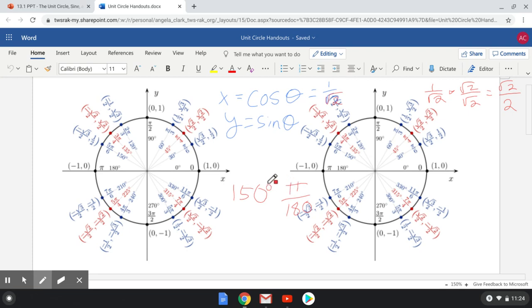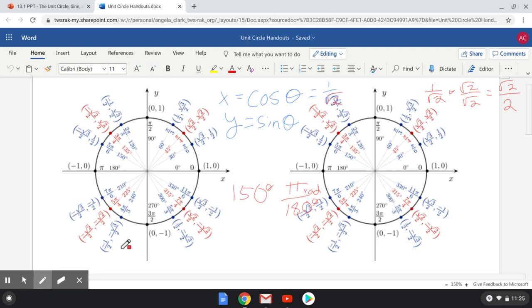In fact, it is a unit conversion, right? I have degrees here, and radians here. So my degrees cancel, and I end up with just radians. So what is 150 over 180?